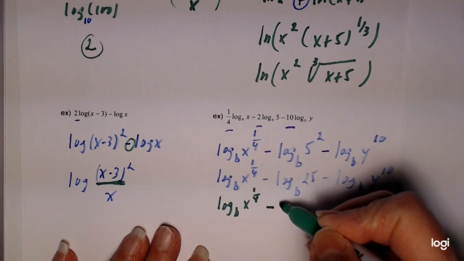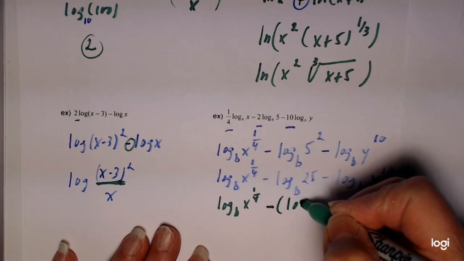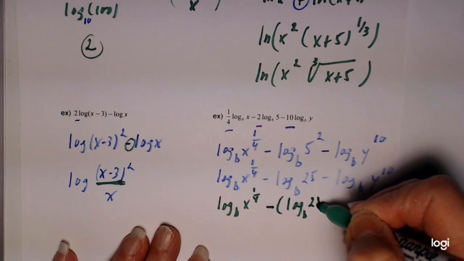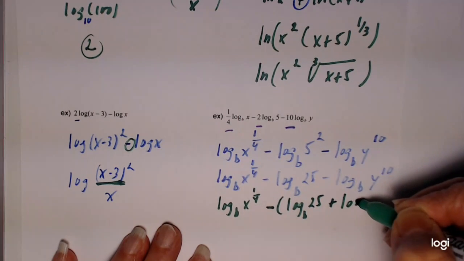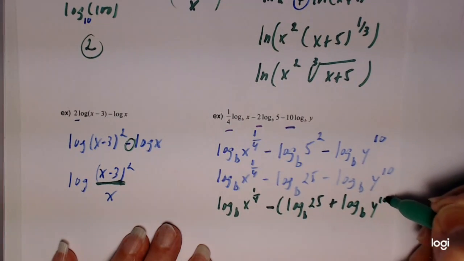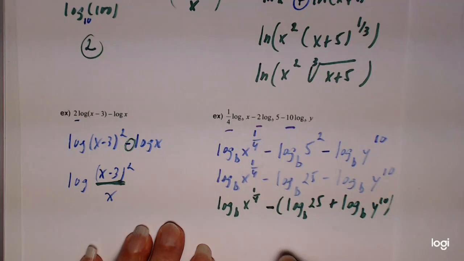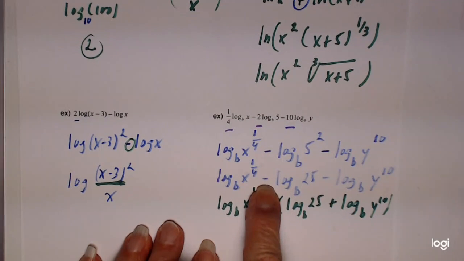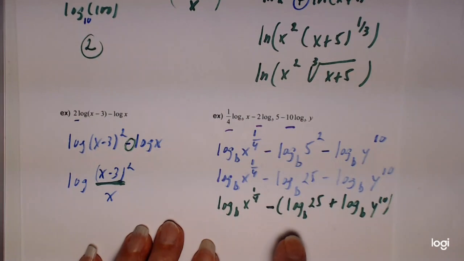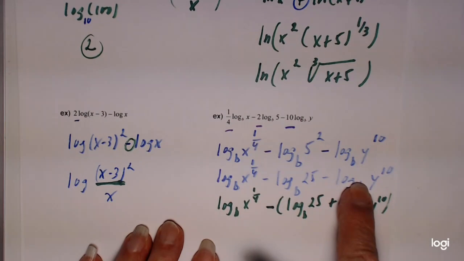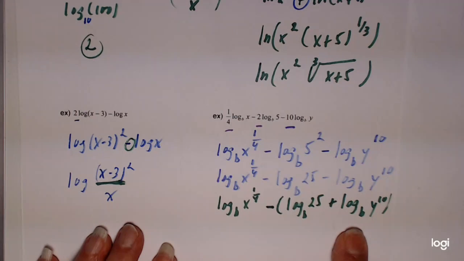So negative, and now in parentheses, log b of 25. Now this becomes a plus log b of y to the 10. So to repeat, I factored out the negative, or negative 1. So negative log b of 25, divided by the negative becomes positive inside the parentheses. Negative here, divide by the negative 1, becomes positive.